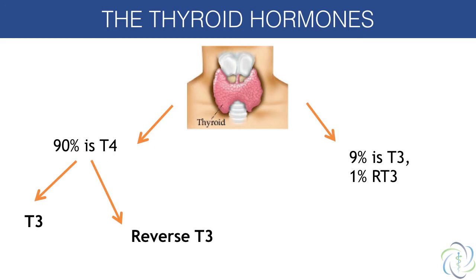So let's now presume that we don't have a mutiny situation and the thyroid hormones are being produced in response to TSH. 90% of the hormones that are produced are in the form of T4, 9% in the form of T3, and 1% in the form of something called reverse T3. Now, this T4 is like a precursor hormone, and in the body, it is converted into T3.